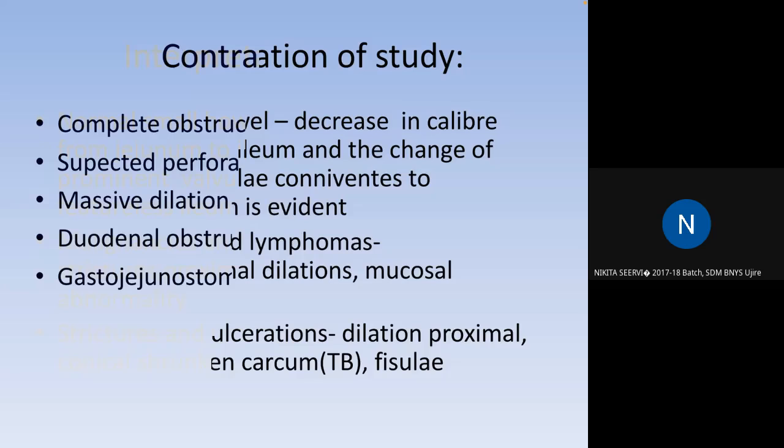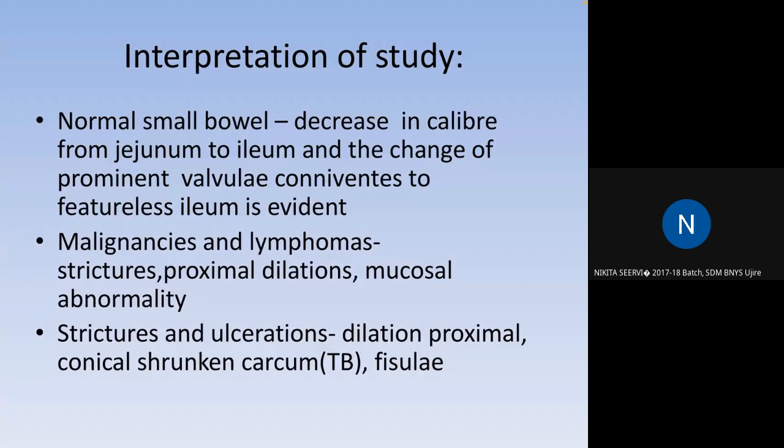How do you interpret the study? Again, same loss of the foldings that are there, and featureless ileum. That is, there are no folds. There is only a tube-like thing. Malignancies or lymphomas act as dilations or mucosal abnormalities.